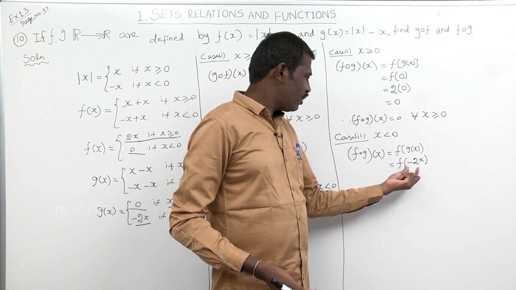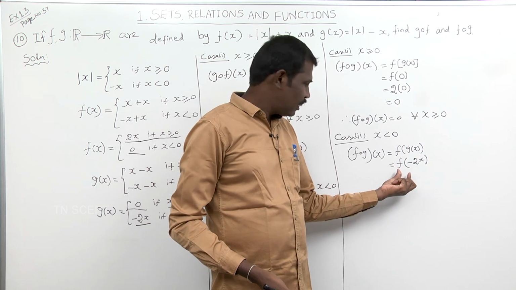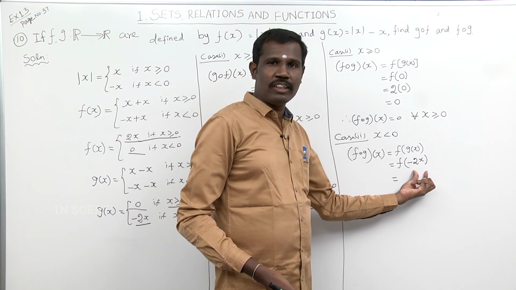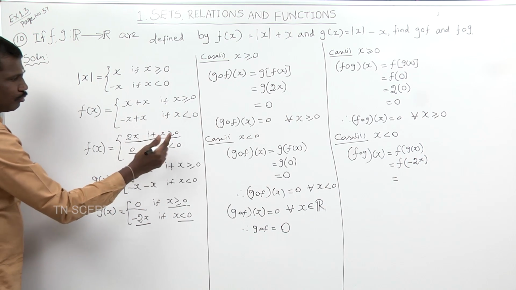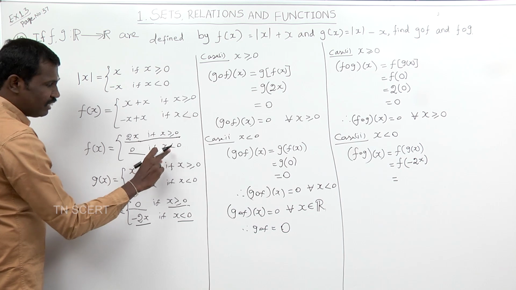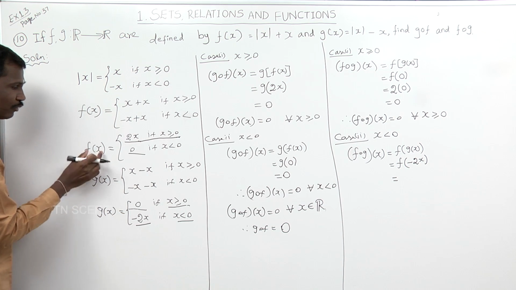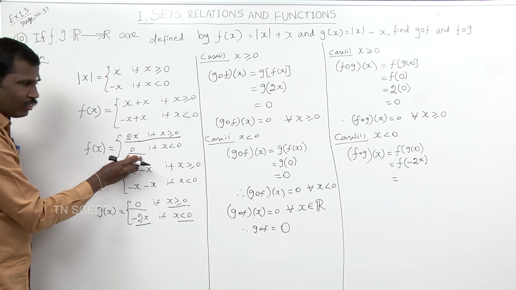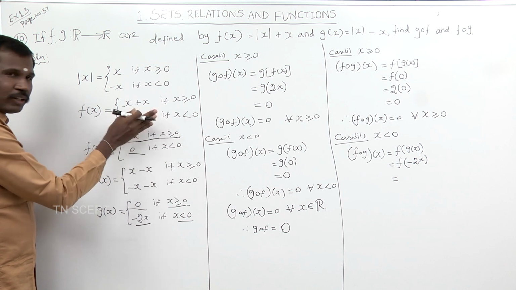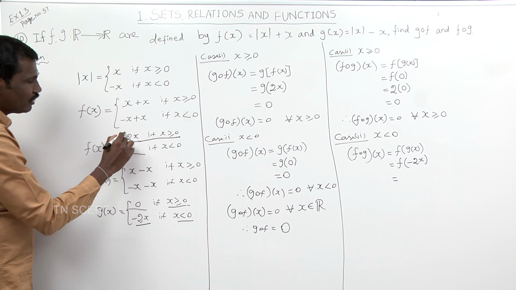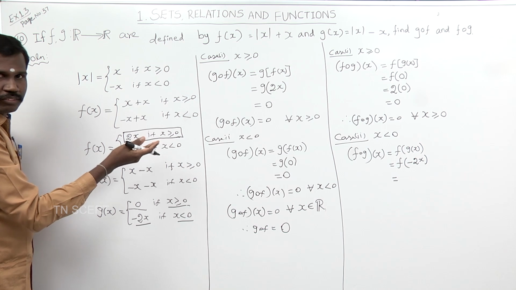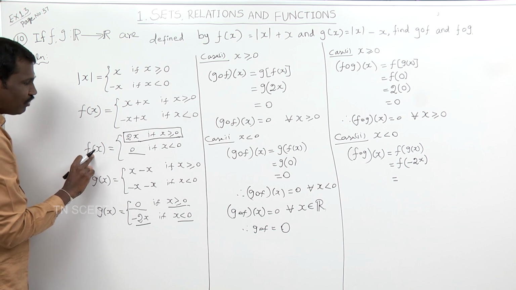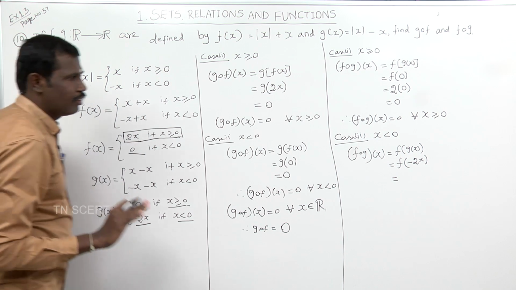So, now we have to find f of a positive quantity. When x is 0 or positive, we have to use the function f of x equal to 2x.